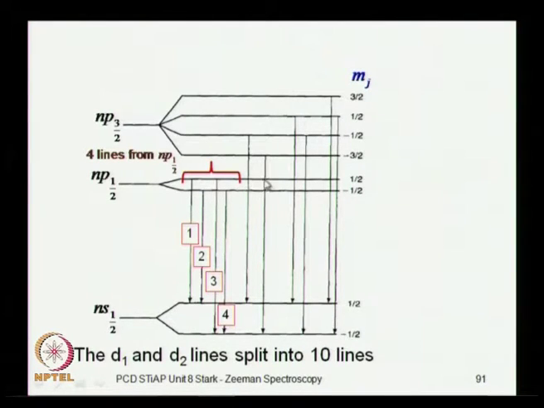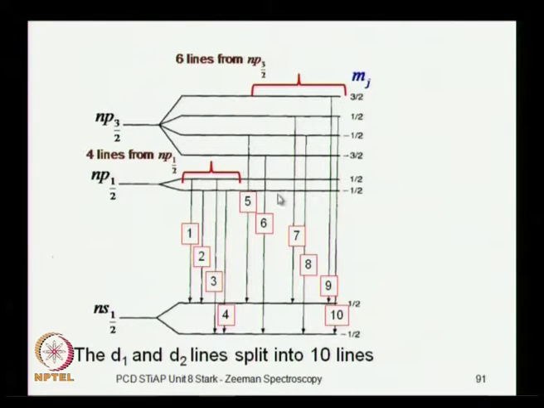So 2 come from the upper level corresponding to Mj equal to 1/2, and lines number 2 and 4 come from the lower level which corresponds to Mj equal to -1/2. And likewise the transition from NP 3/2 splits into these 6 lines, and these are the 6 lines which come from the NP 3/2 levels. So these are all the transitions which take place corresponding to the dipole selection rules.